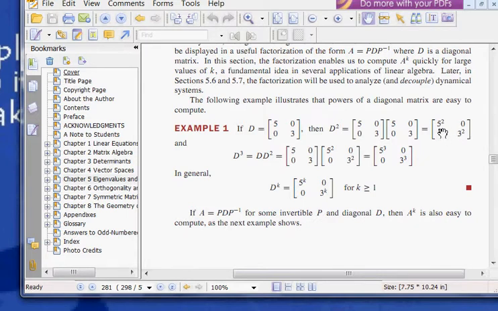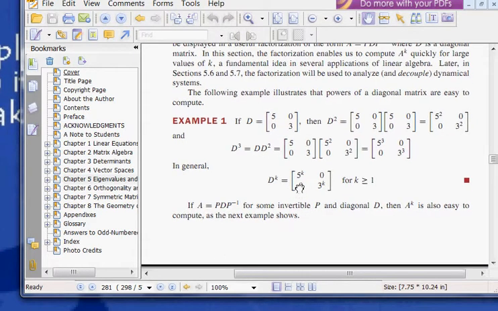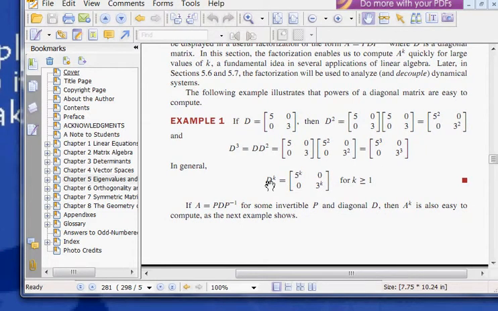Nothing changes except that the non-zero entries are raised to the corresponding power. Same thing with D to the third. Look, the non-zero entries are raised to the corresponding power, and the 0 entries are just left where they are, okay? And this pattern is applied to a general matrix D to the k.